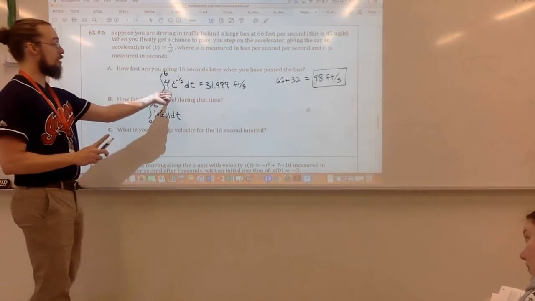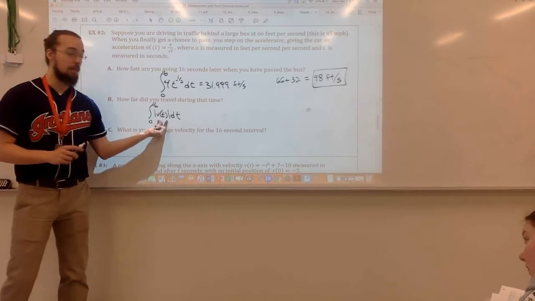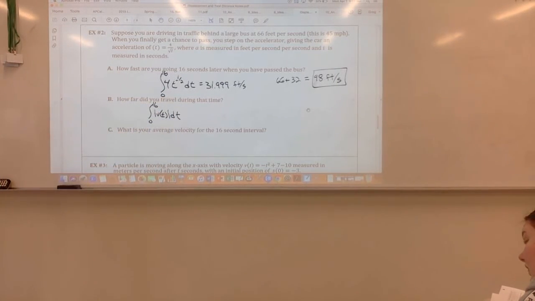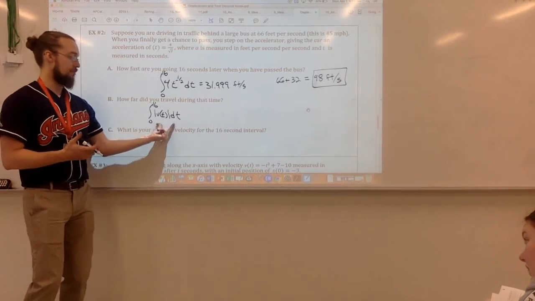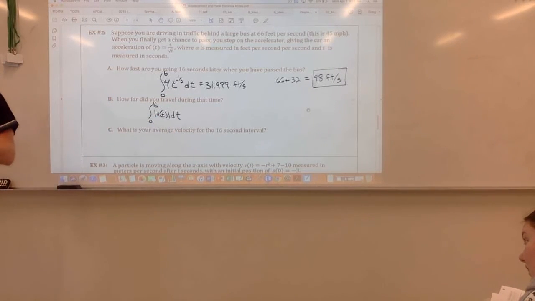Yes. So we will need the antiderivative of acceleration to get velocity. Then we will need to integrate that again. So if we're going to use our calculator to evaluate this part, we will have to do this part by hand to get what our velocity function would be.